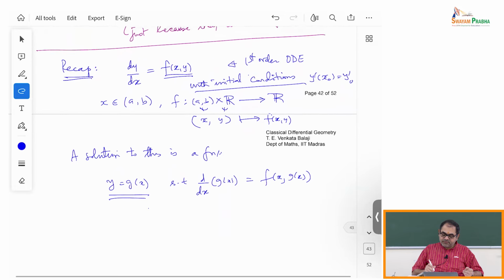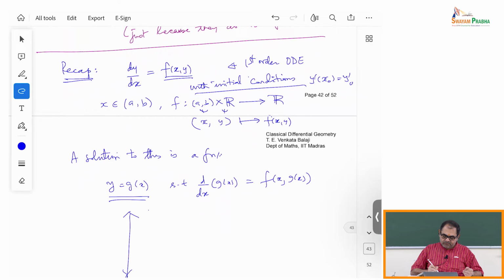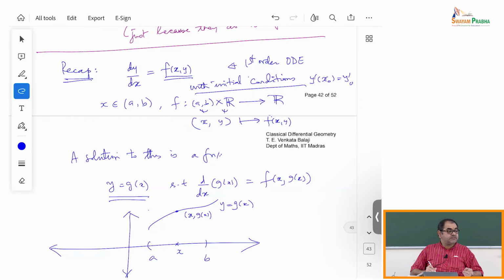The moral of the story is that, if you draw a picture, in this interval a comma b you are finding a function y equal to g of x, such that if you give me this point x here, you get the point x comma g of x, and if you take the tangent there, then the slope of the tangent is dy by dx, and that should be equal to f of x comma g of x.